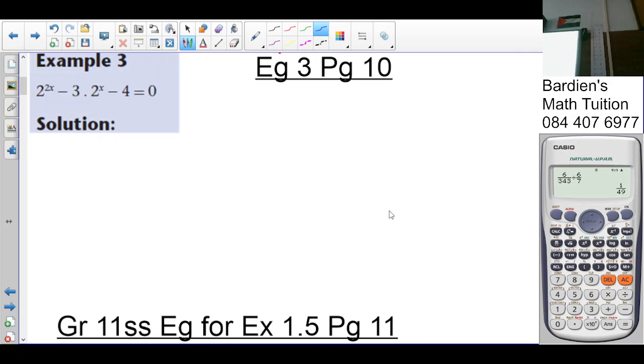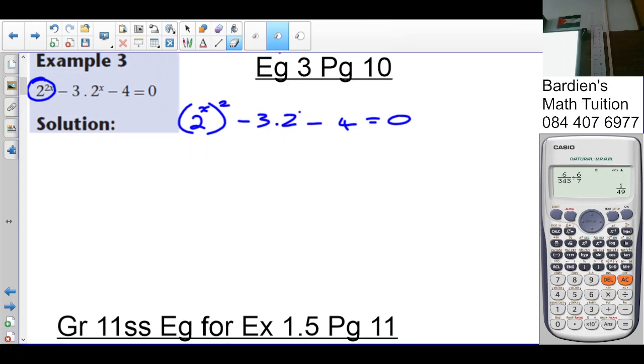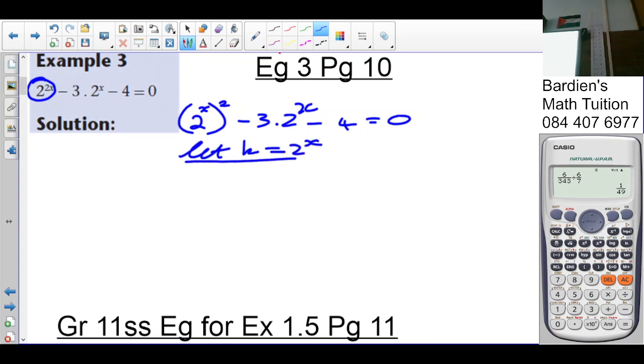However, we know that 2 to the 2x can be written as 2 to the x squared minus 3 times 2 to the x minus 4 is equal to 0. So what do I do now? I introduce k. So what do we say? Let k equal 2 to the x. You can't just bring k into the story. You must introduce it, as you do with your x's.